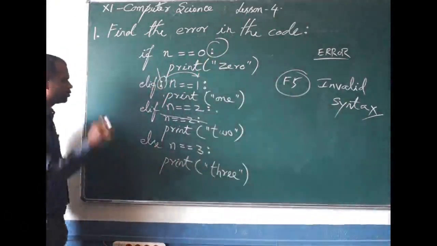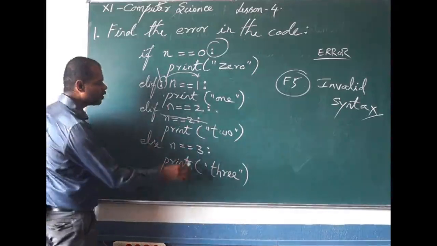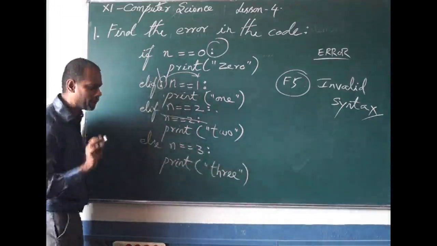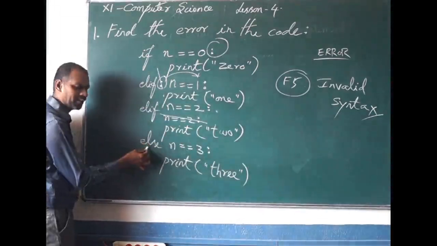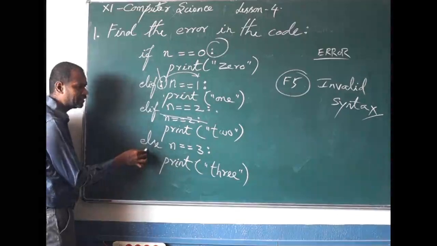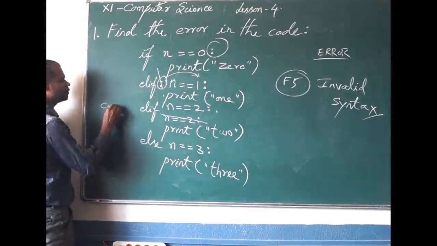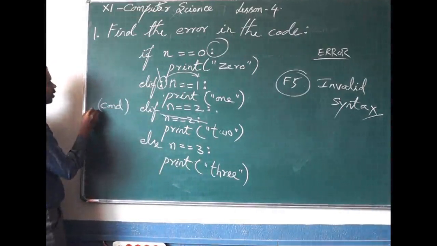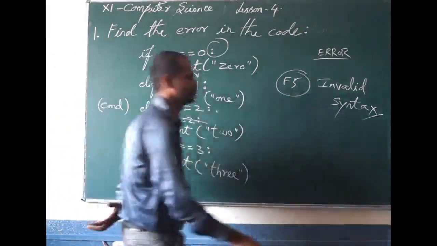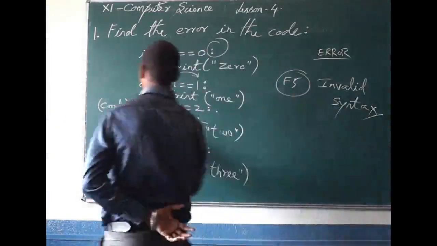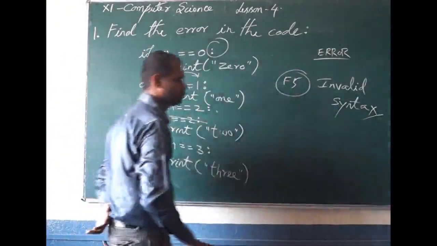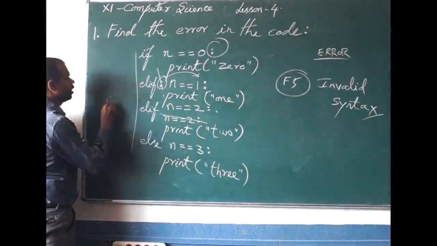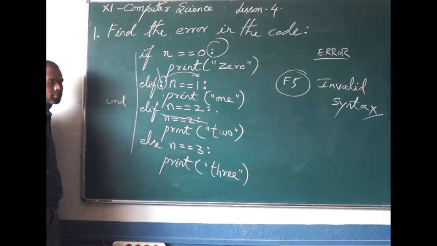What is the invalid syntax? Suppose n equal to 3, it should print 3. That is okay. But before the condition, what should come? Listen, assume that this is a condition.